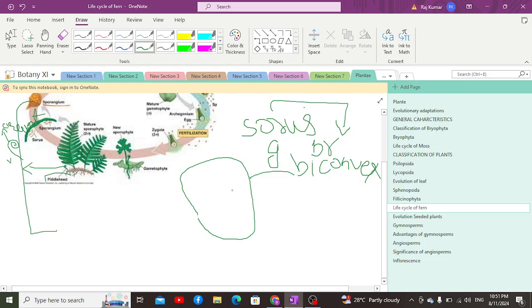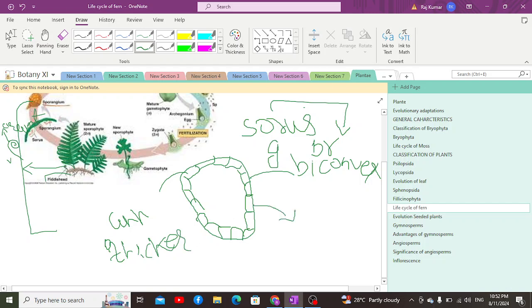Now, the biconvex brown sporangium is made up of two major types of cells, named annulus and stomium. The annulus has thick inner and radial walls, while the stomium has thinner inner radial walls.